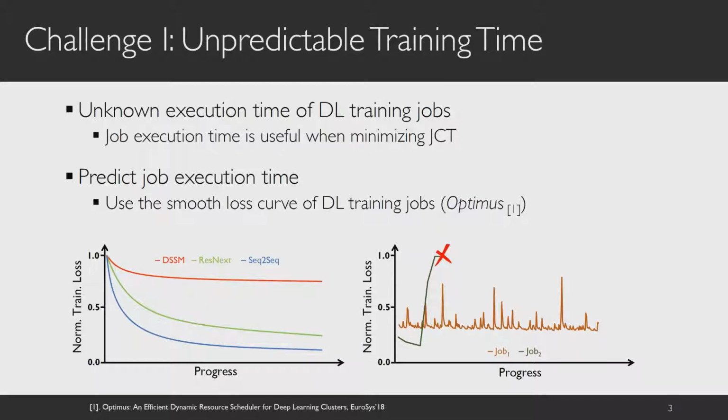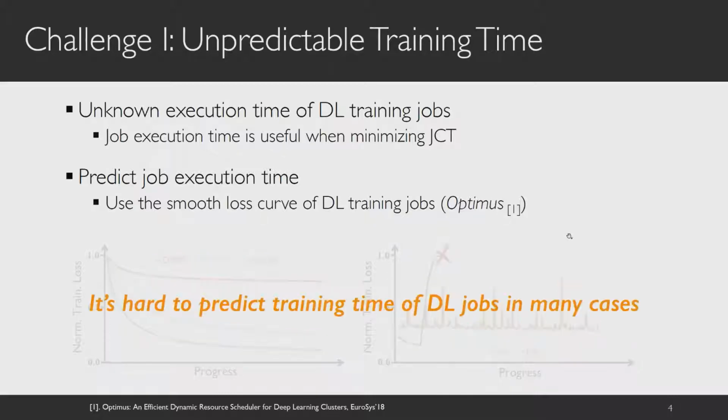So it's basically unpredictable. That's one of the challenges for the scheduler.